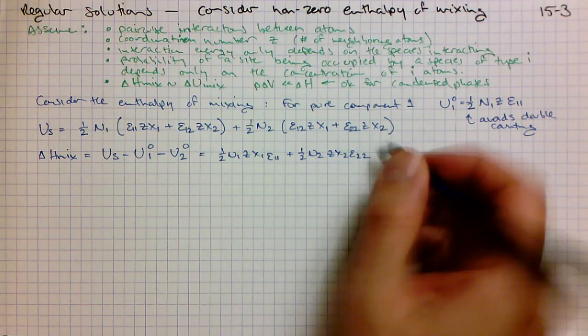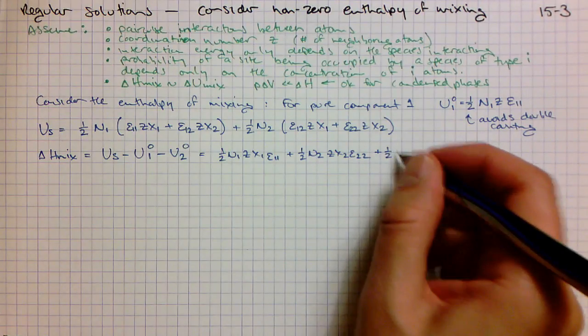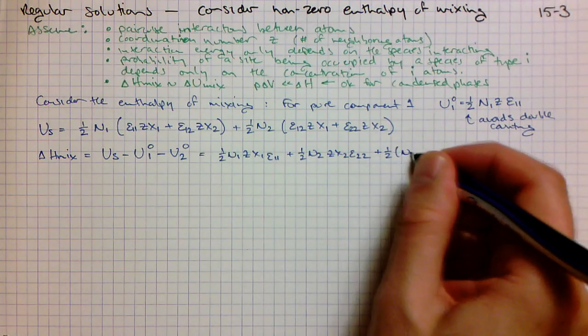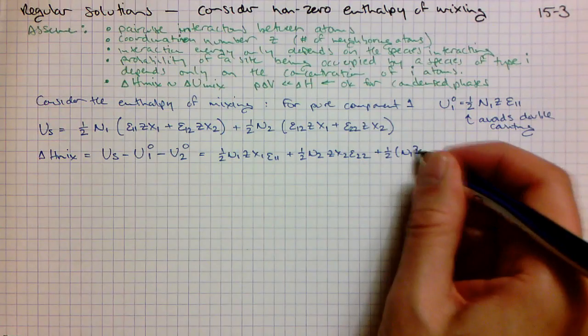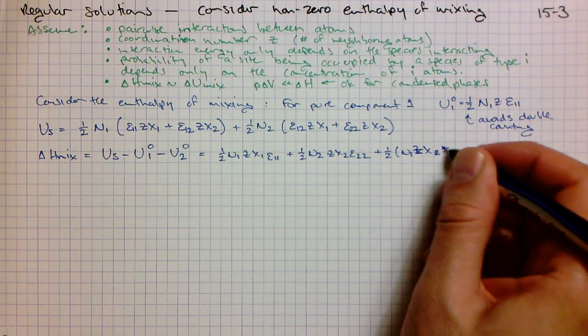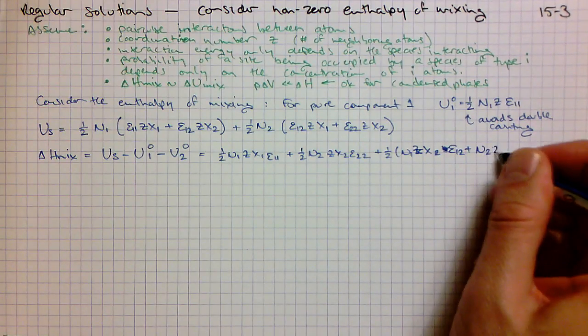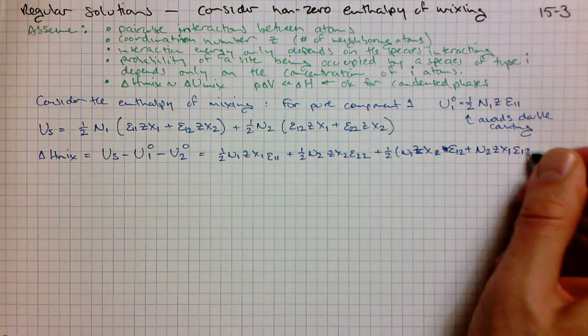That comes from this term, plus 1/2 N1 Z X2 epsilon 1,2 plus N2 Z X1 epsilon 1,2.